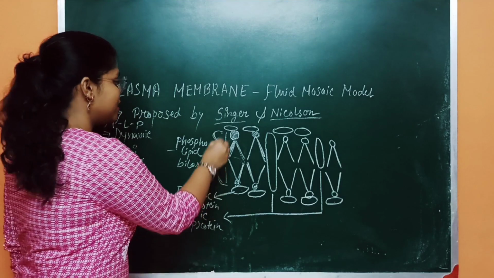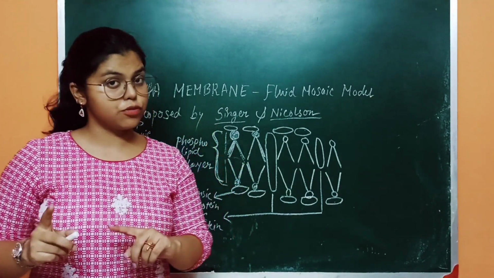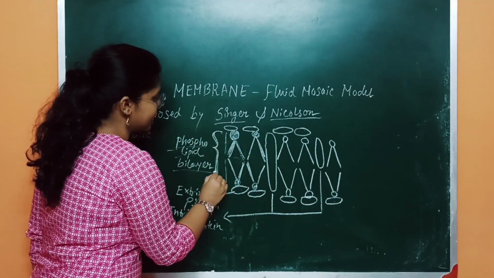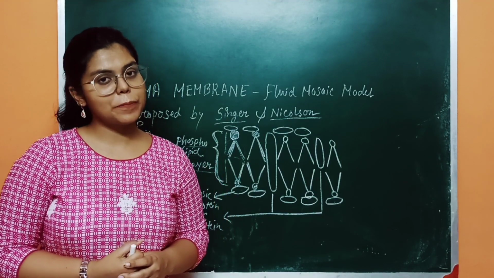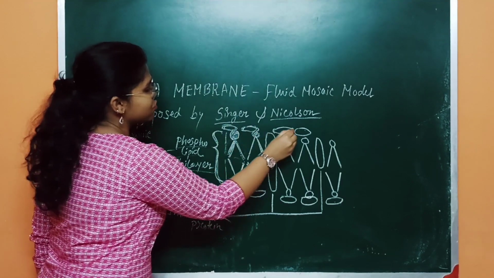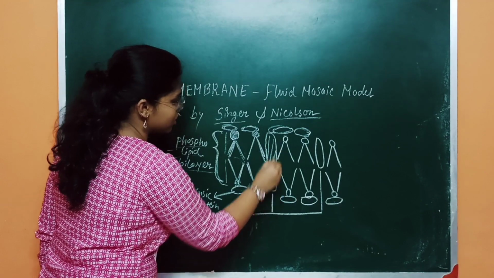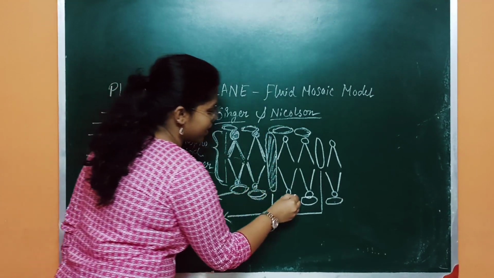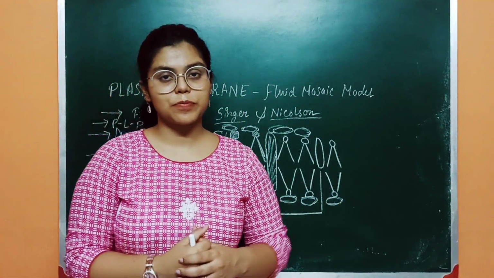So this structure, the hydrophilic head and the hydrophobic tail, is the phospholipid bilayer. So these are phospholipids. And you can see here a disc-like structure and a longitudinal, long structure. So these are all different proteins.